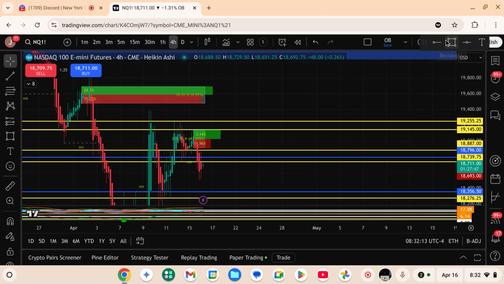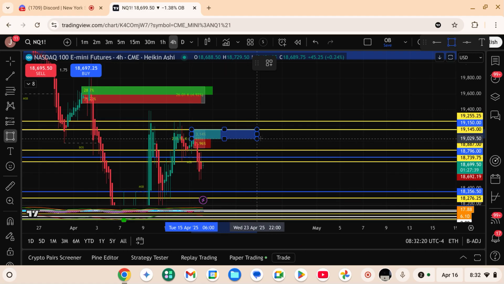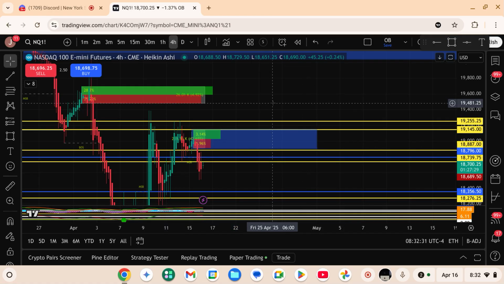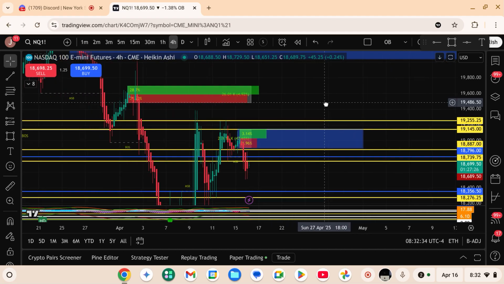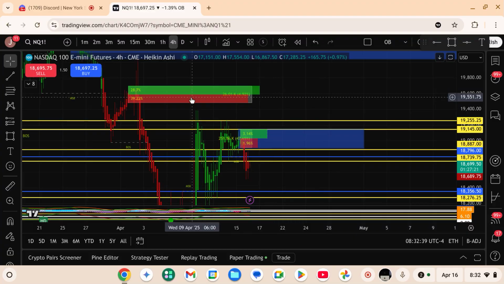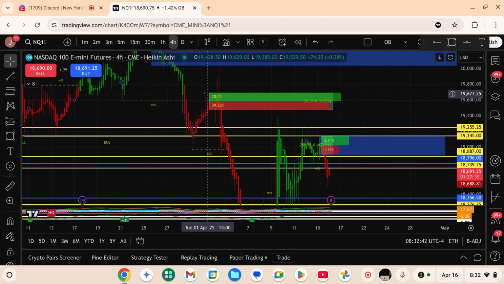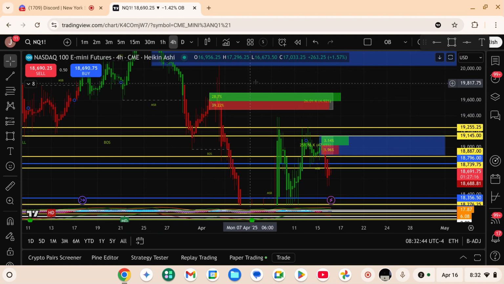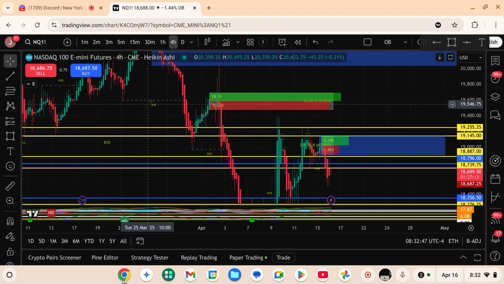Let's draw a rectangle across this order block here from the 4 hour. So let's go to the 1 hour.